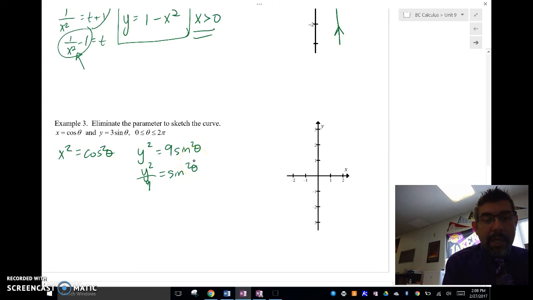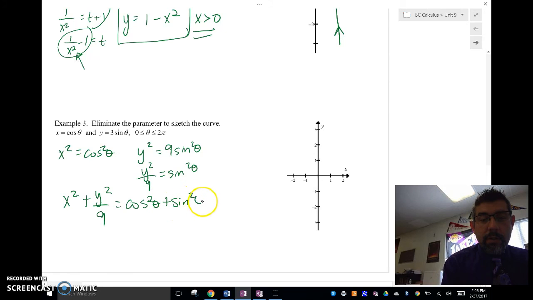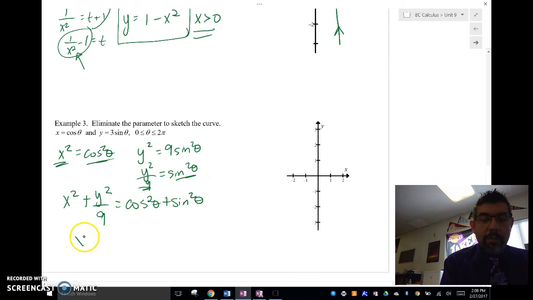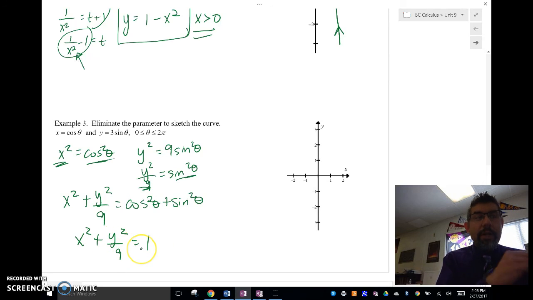Now, if we add them together, I get x squared plus y squared over 9 equals cosine squared plus sine squared. Right? So I added this plus this, this plus this. And what's cosine squared plus sine squared? Boom! It's 1. So I'm going to get x squared plus y squared over 9 equals 1.